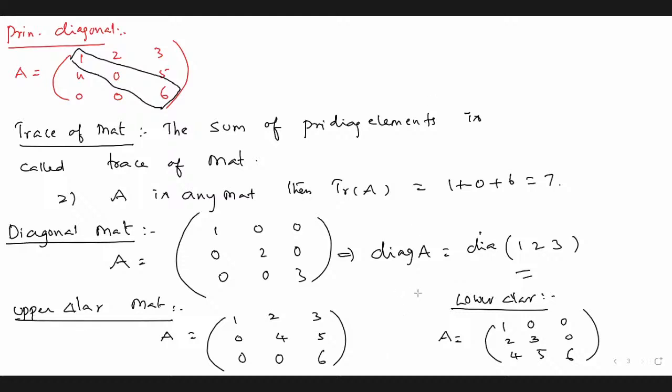For identification, if the elements above the principal diagonal are 0, it is said to be a lower triangular matrix. If the elements below the principal diagonal are 0, it is said to be an upper triangular matrix.